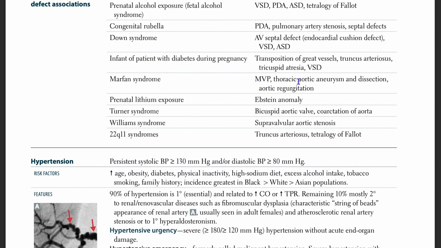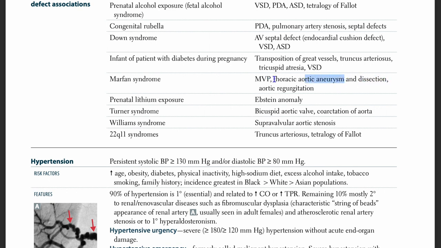Marfan syndrome: MVP, thoracic aortic aneurysm and dissection, aortic regurgitation. All of these are important because they'll give you one of these things in the question stem, and then you've got to figure out that this happens in Marfan's. MVP is the buzzword for Marfan's, as well as aortic dissection.